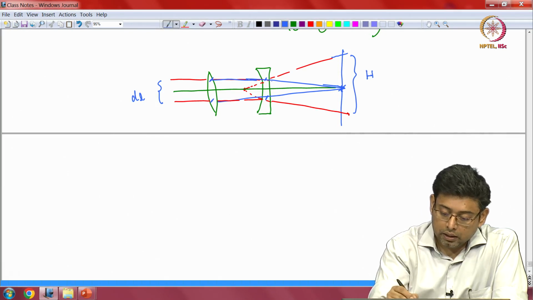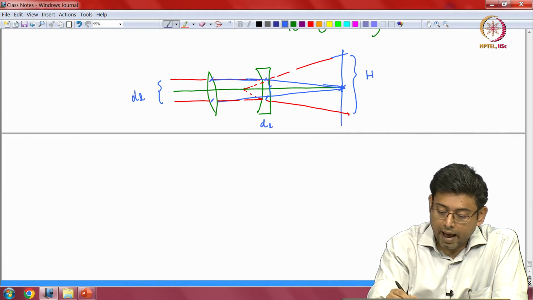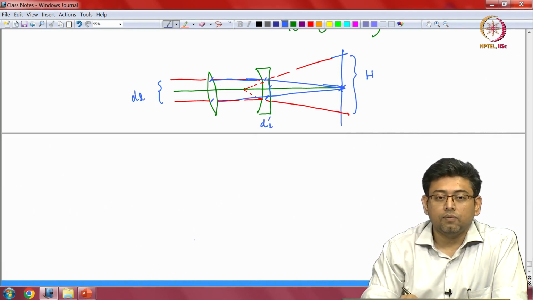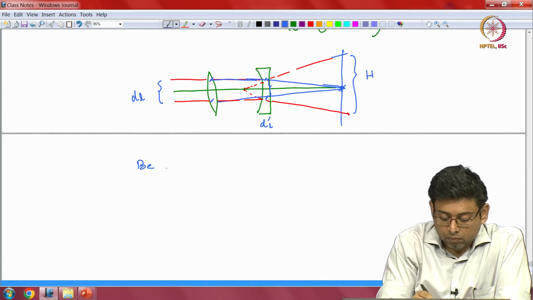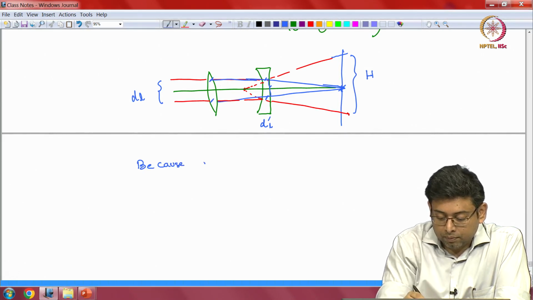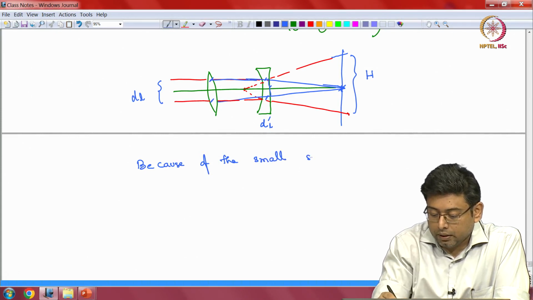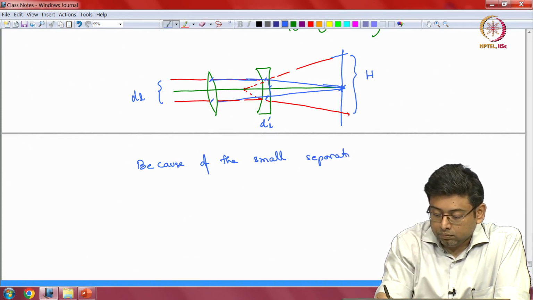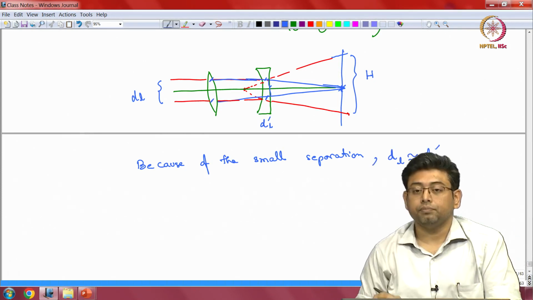So this diameter that the second lens sees, this is dl dash. This dl dash is less than dl, but because of the small separation, I'll go ahead and assume that dl and dl dash are the same. Okay.